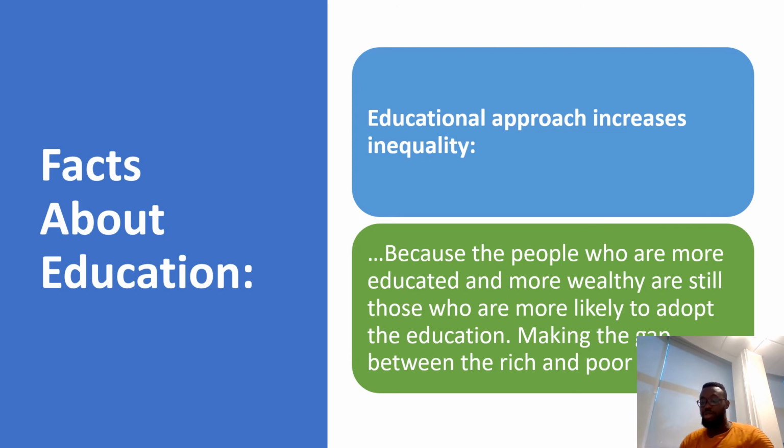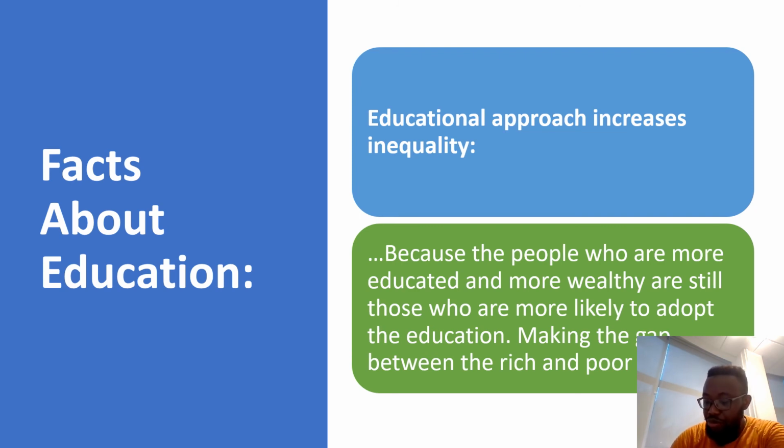This is because, when you look at two people that have a particular disease and they come to you, you look at their history and find that they are from different backgrounds. One person might be more educated than the other.